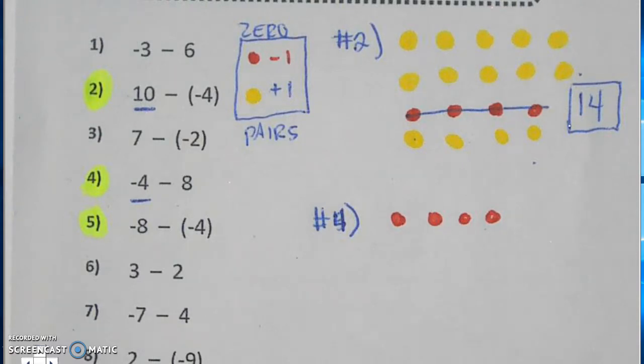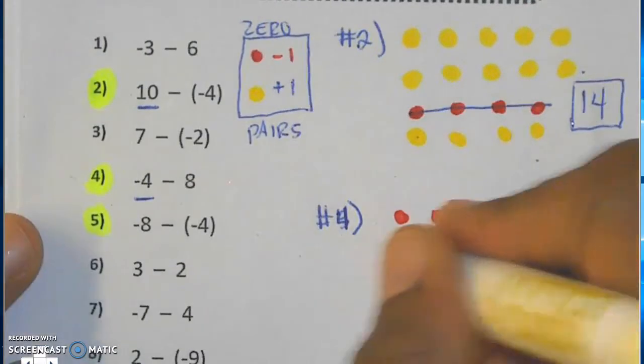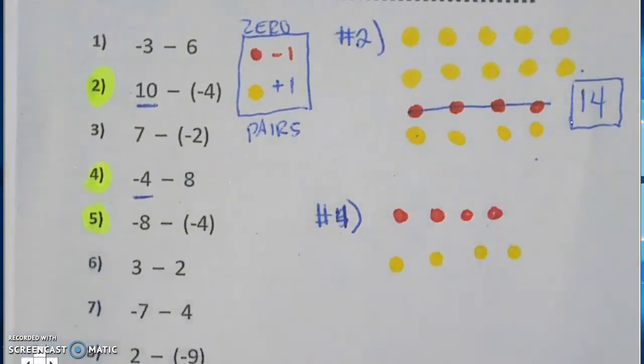Oh, but I can add 0 pairs. How many 0 pairs would I need to add to get 8 yellows? I would need to add 8 0 pairs. So let's start adding our 0 pairs.